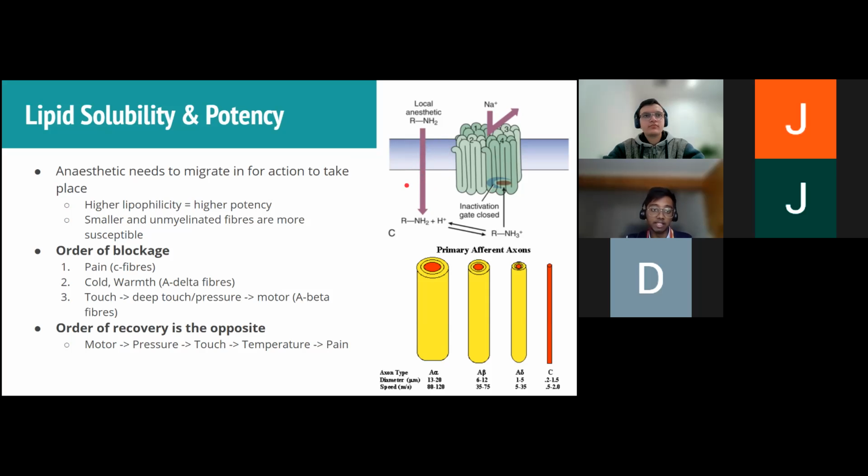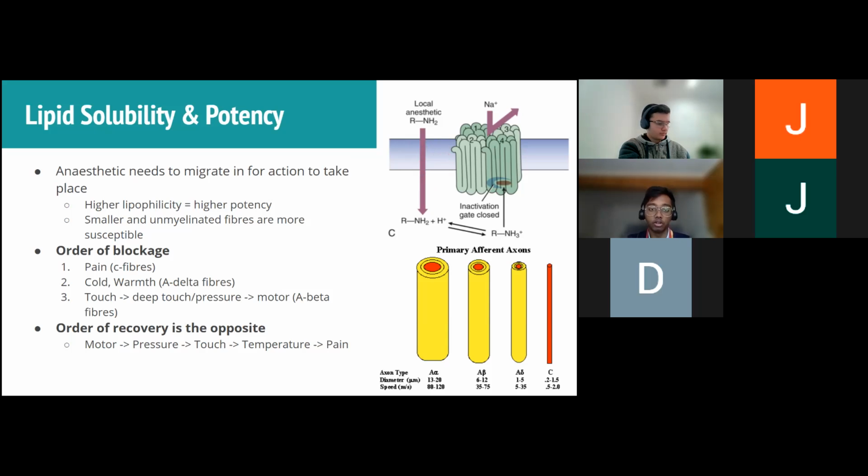This means that an anesthetic that's more lipophilic will have more potency, because more of it can transfer across at a greater rate. This allows it to stop the nerve conduction for longer.